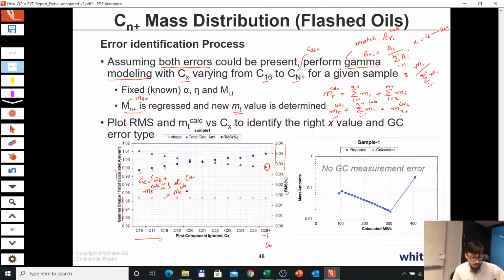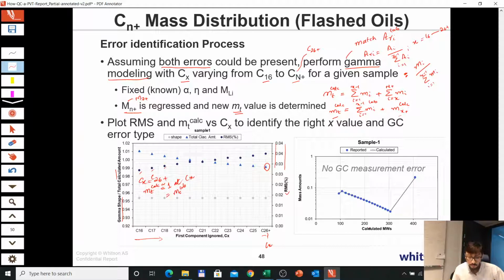So Cx suggests that there may be an internal standard error, but when we look at the MT calculated value, this suggests that there is no internal standard error. And if you make a plot of the calculated mass amounts versus the lab mass amounts, here we are plotting the mass amounts versus calculated molecular weights.